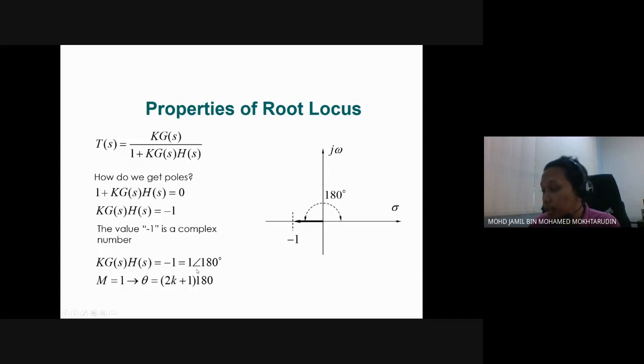So you can represent it in this form: 1 is the magnitude, and the angle is 180 degrees. And this is a multiplier. Usually we assume it is 0, but we will go into this more tomorrow.